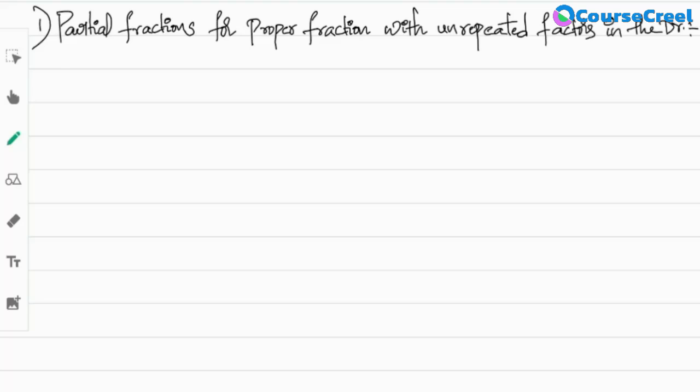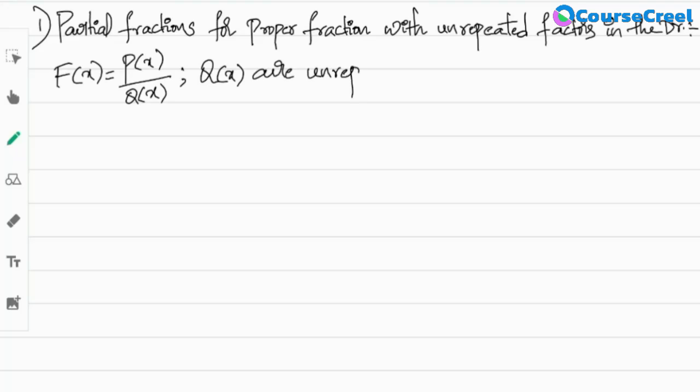That means if f of x is equal to p of x by q of x is a proper fraction where q of x, the denominator, has unrepeated factors or unrepeated poles.